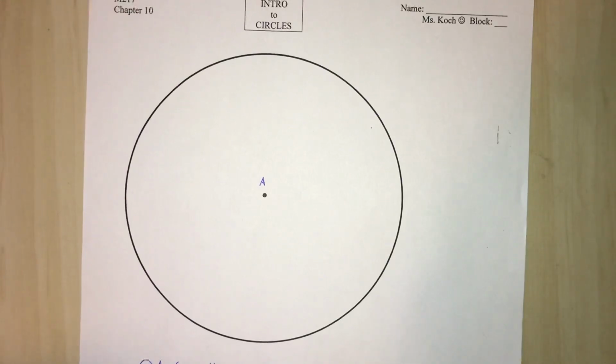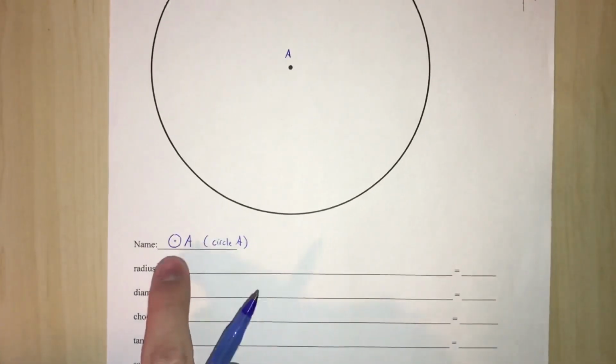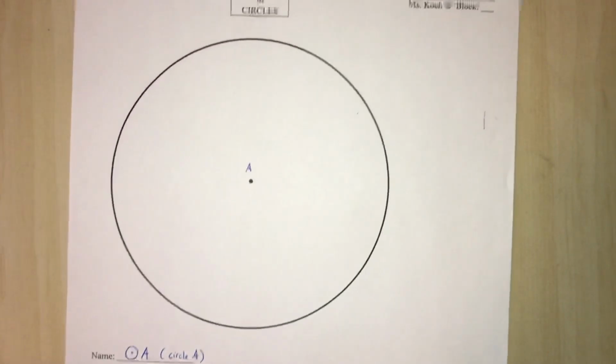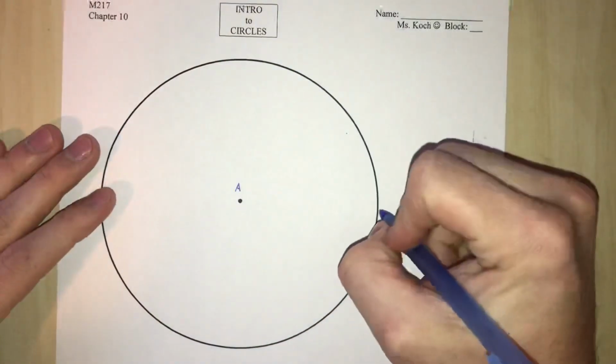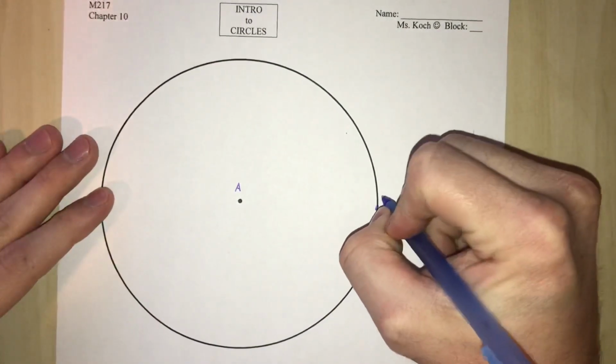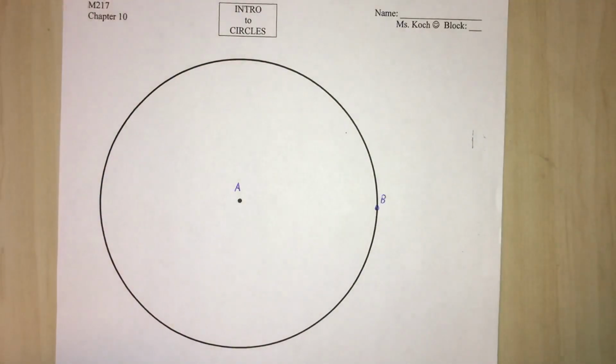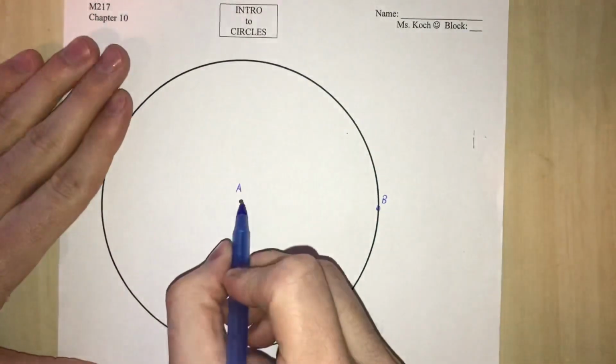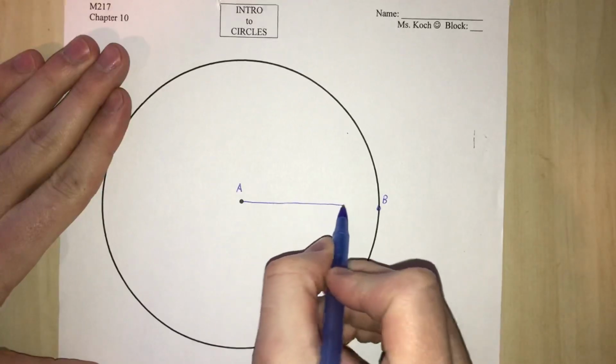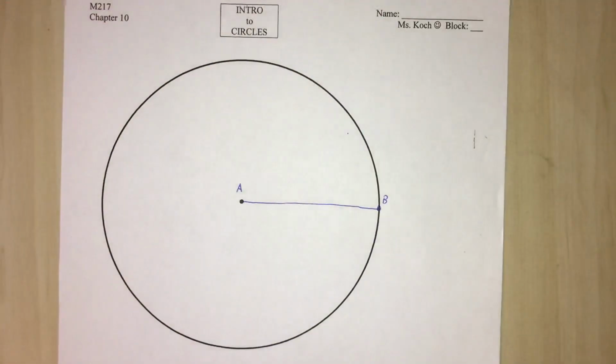Okay, part two, the radius. So you can see radius is the next thing up. For example, I'm going to draw a point on the side of the circle over here. I'm going to call that point B. If I connect the center of my circle with one point on the edge of the circle, this would be a radius.